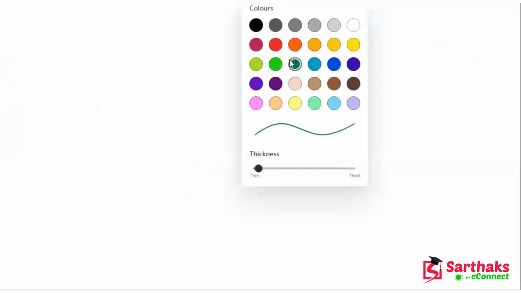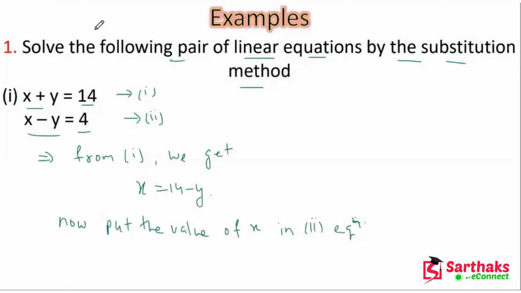If we put the value of x in the second equation, then here it is 14 minus y, minus y is equal to 4.